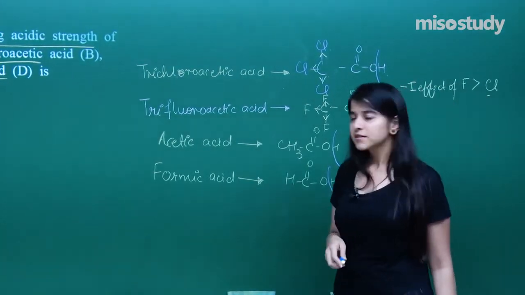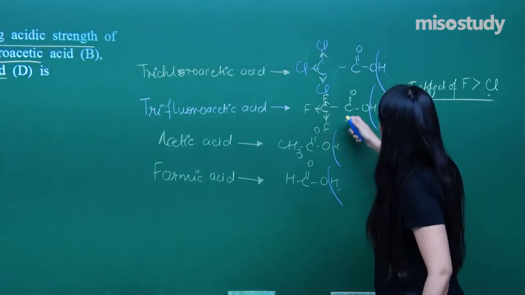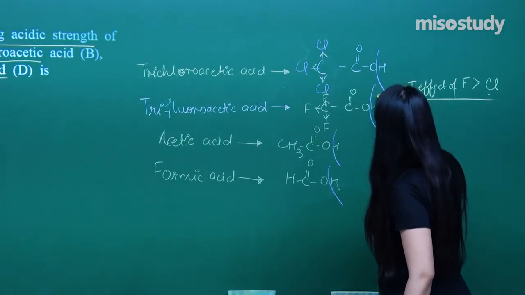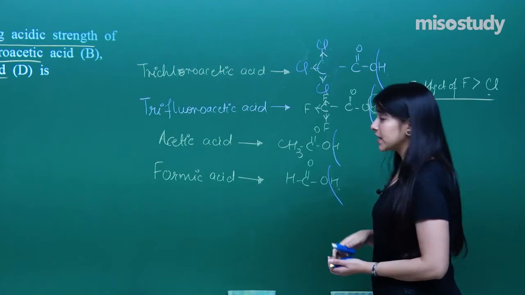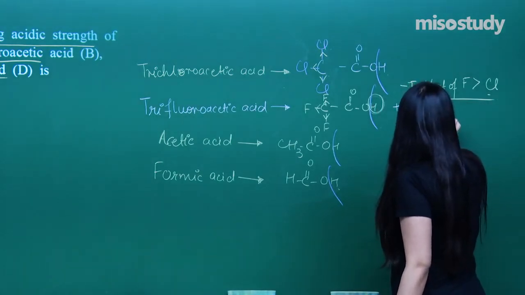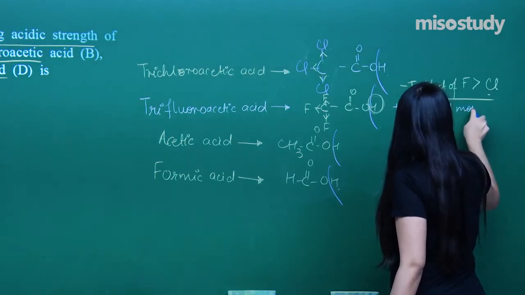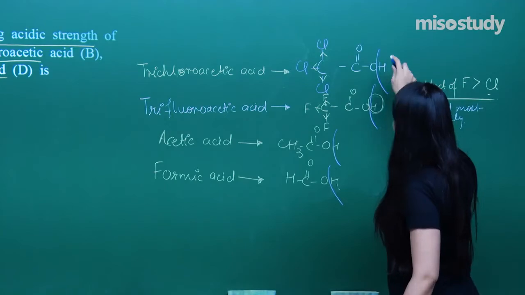We all know this. That means these are all withdrawing groups. They will withdraw all the electrons, and this H hydrogen over here, it goes off easily. So H plus released most quickly over here in this case as compared to the chlorine.